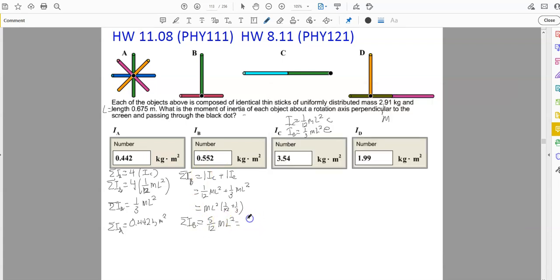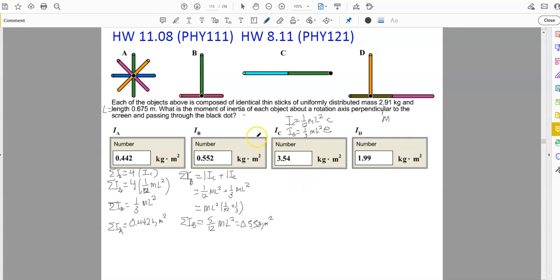That's 0.552 kilograms meters squared. Cool. Let's try the next one.